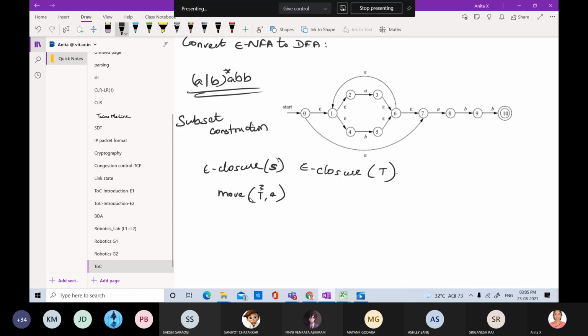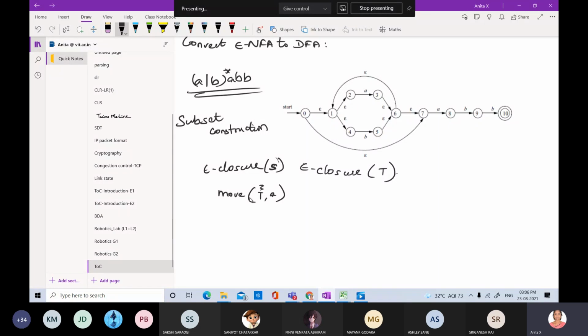Yes, the last one, mu of T comma a. It is the set of NFA states to which there is a transition on input symbol a from some state s in T. Here s is small, T is capital.